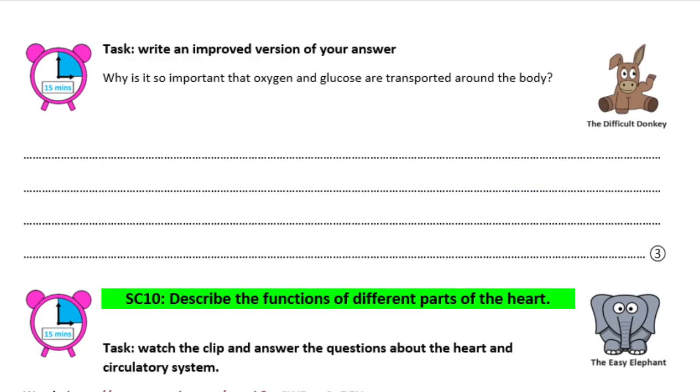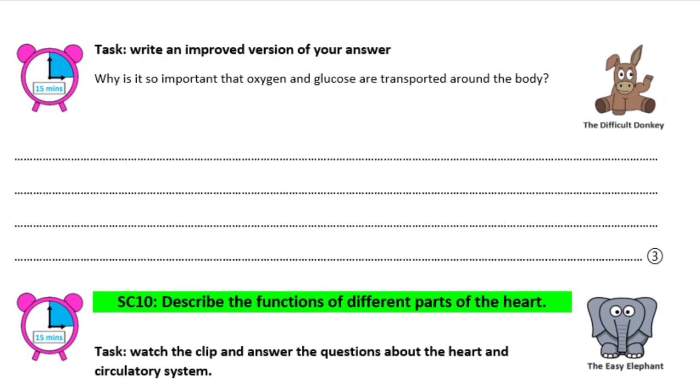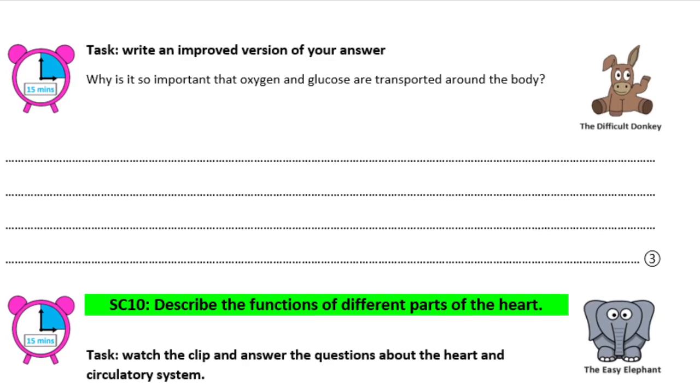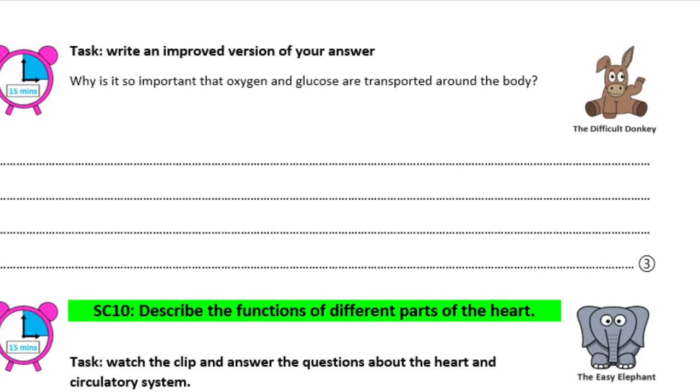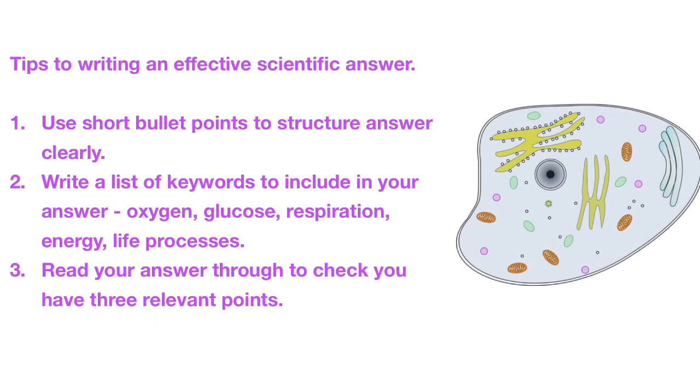Now, we didn't mark the longer answer that you did, and that's because I want you to have another go at it. However, this time I'm going to give you a few tips. Tip 1 is to use short bullet points to structure your answers clearly. Tip 2 is to write a list of key words that you need to include in your answer.